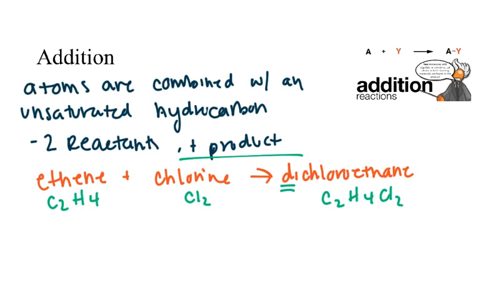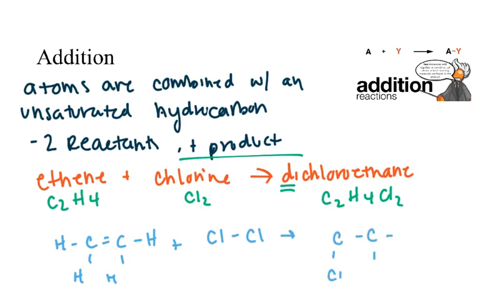So let's look at it this way. We have our ethene with our double bonded carbons, right? We're adding this to Cl2. And we're ending up with our dichloroethane. Okay, so our double bond breaks, and our bond here breaks.